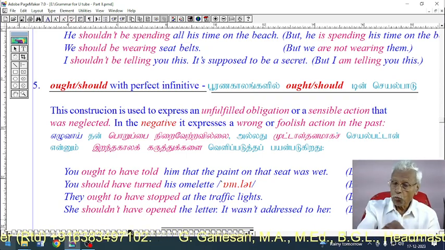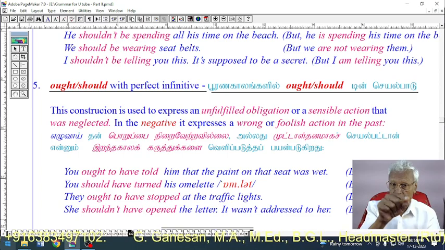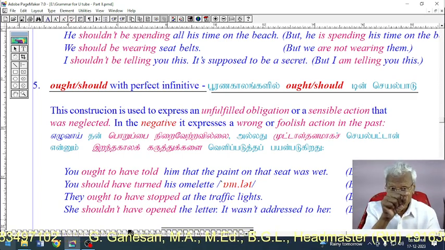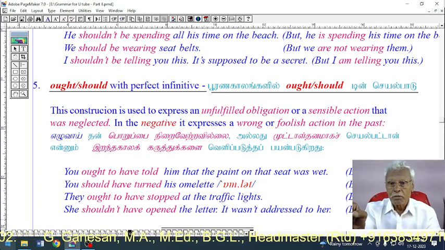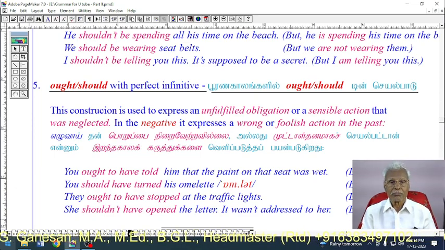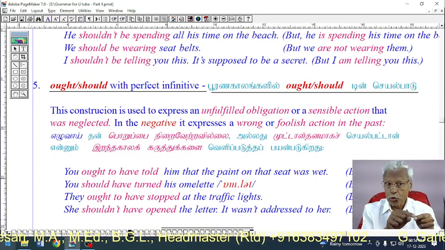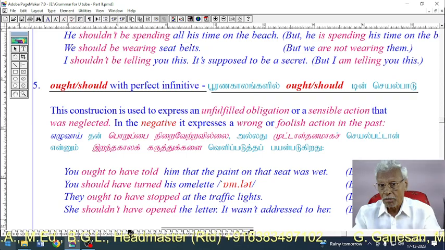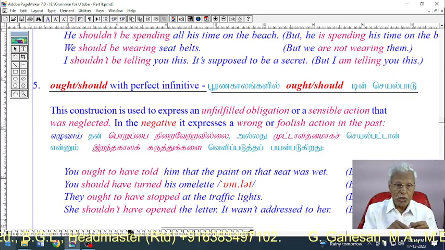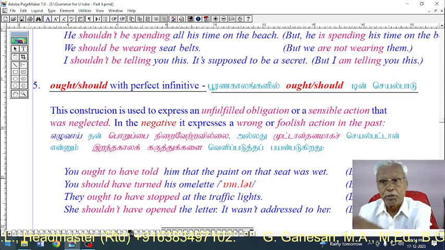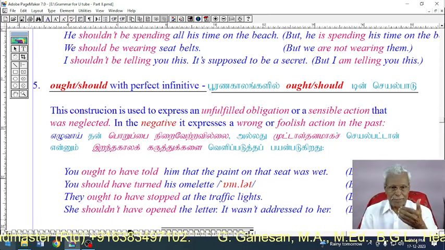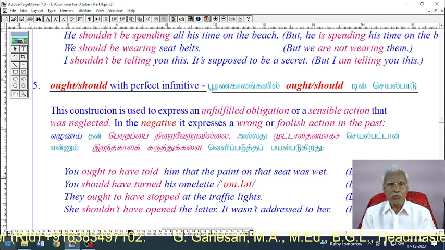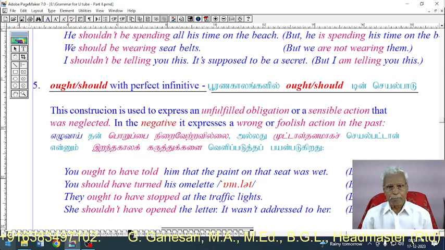One thing should not be done, but it is being done. Another, one thing should be done, but that is not being done. So present should plus continuous is used to express the present events.